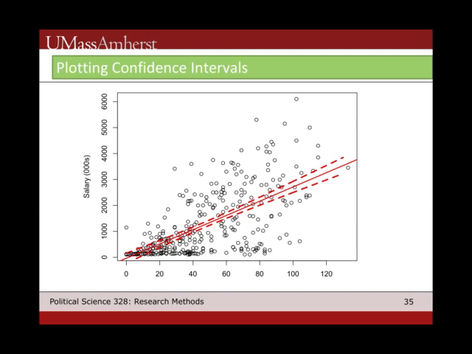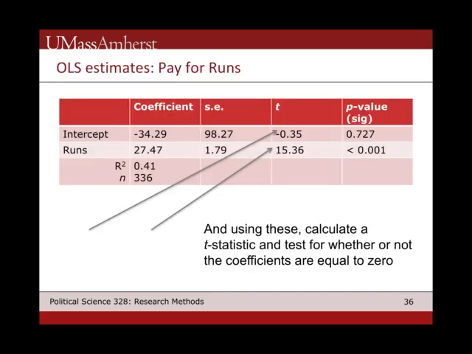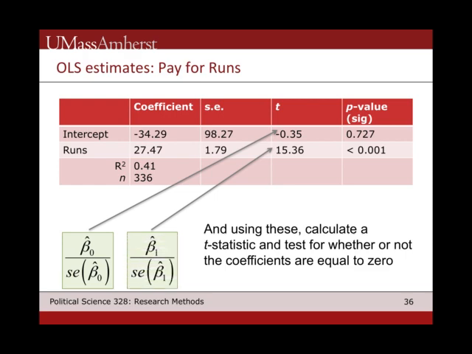It can be very useful, in some ways more useful for readers or audiences you're presenting to than a long list of coefficient results that they can't even begin to interpret. Every time we can visualize our data, and one of the beauties of R is that it allows us to do that easily, it's often better to visualize results than to give raw numerical results. So here again, we've got our t-values.